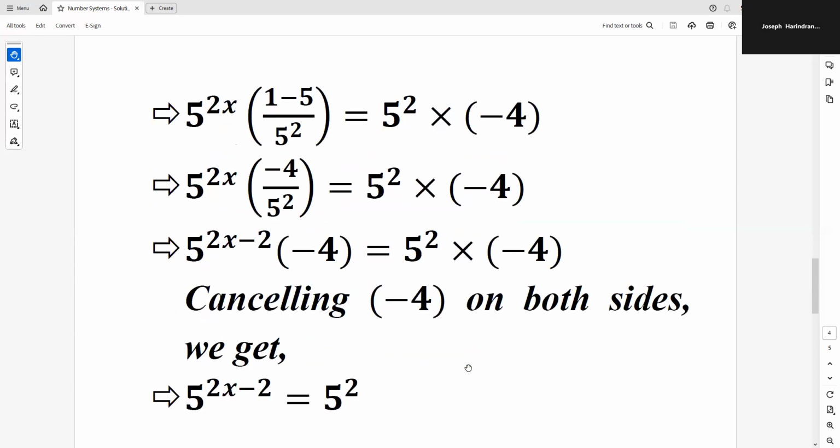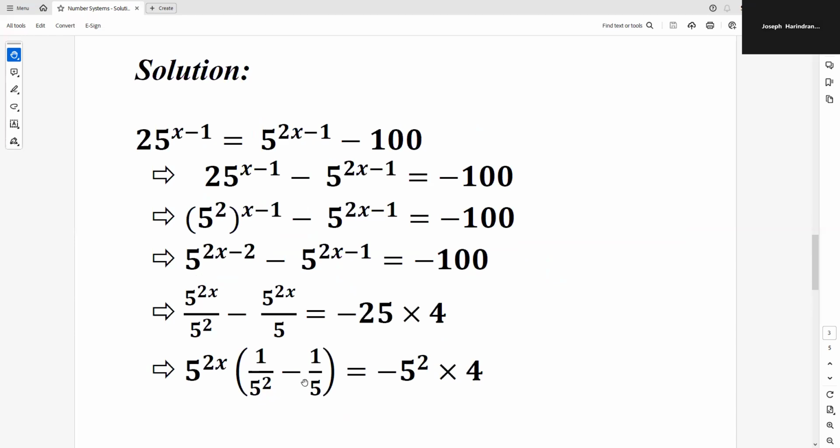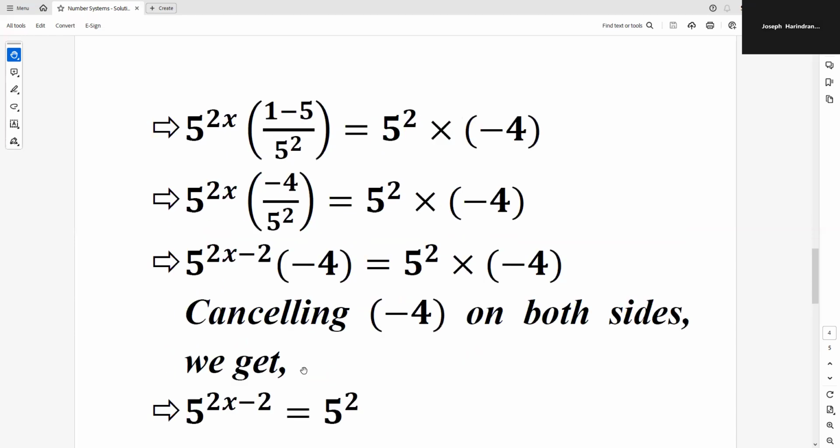Now move on to the next step. We take 5 power 2x out, and we simplify the brackets. What is within brackets here? 1 by 5 squared minus 1 by 5. So we have 5 squared as a common denominator. You'll get 1 minus 5 within brackets, the subtraction of two fractions.